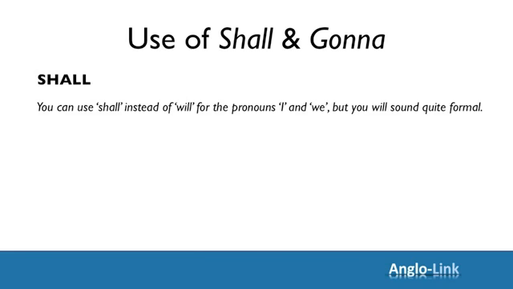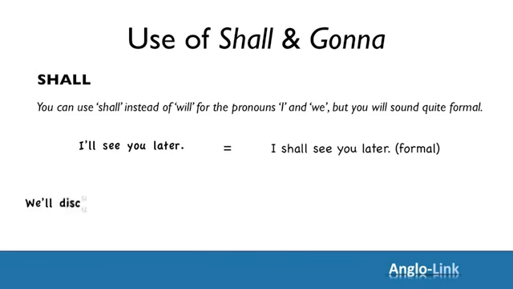You will be correct, but formal. So you might hear, or you might say in a formal situation, instead of I'll see you later, I shall see you later. We'll discuss this tomorrow. If you want to sound more formal, you could say we shall discuss this tomorrow.